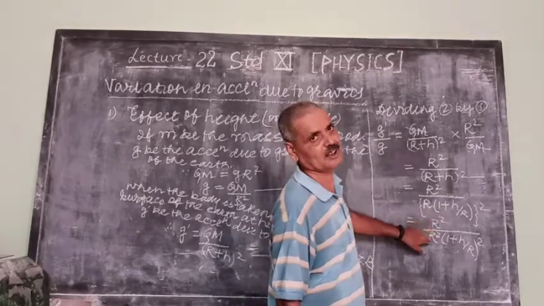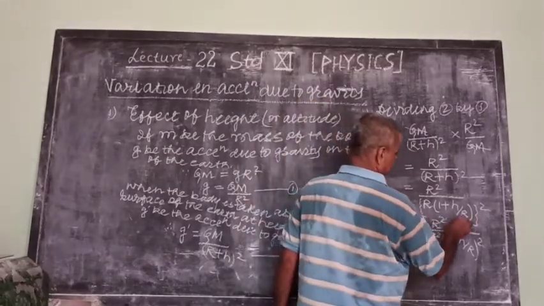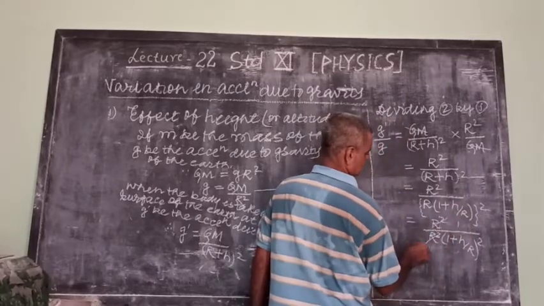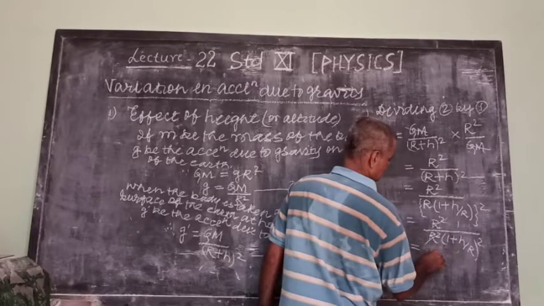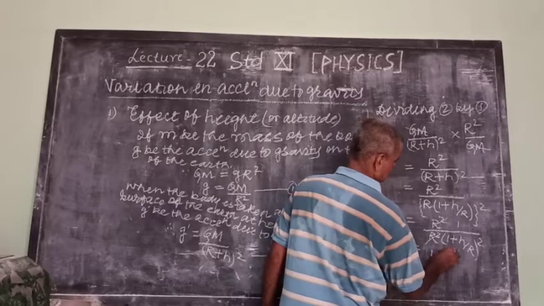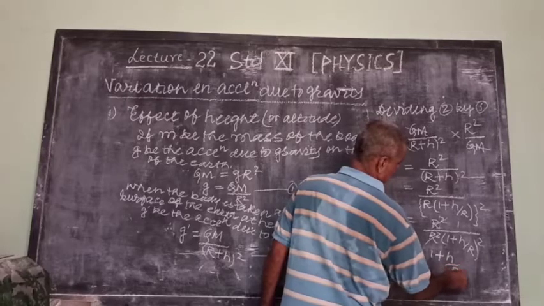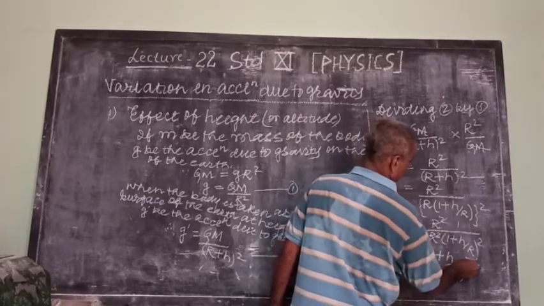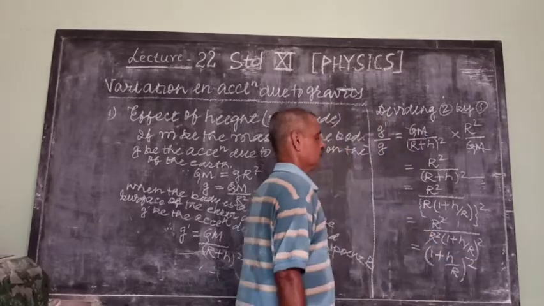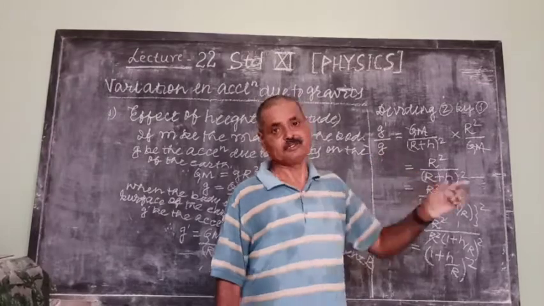This R square will cancel, then it can be written as 1 by this, meaning (1 plus h by R) to the power minus 2. This is the value of g dash by g.